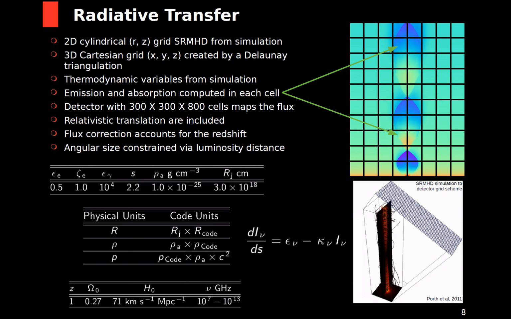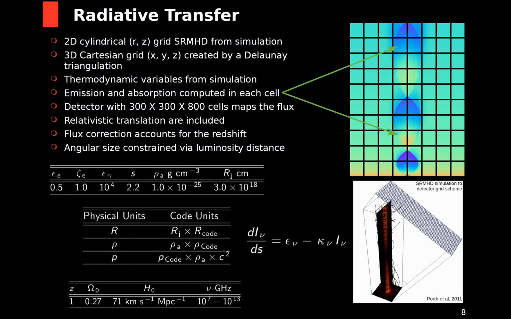So for the radiative transfer, we image our jets in a grid setup. So you have a jet, and this is also a 3D grid, but just for the visualization, you see a 2D part. And in each cell, we compute the radiative transfer. Basically you want to recover the intensity.